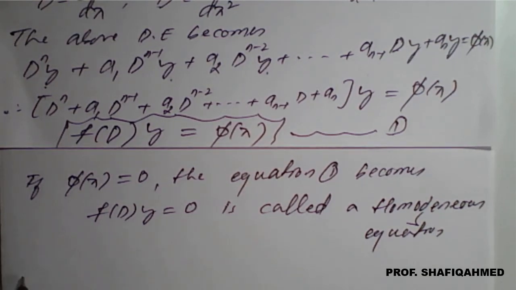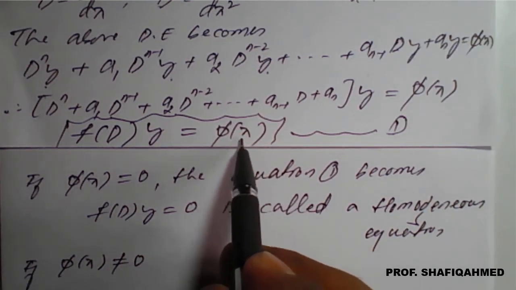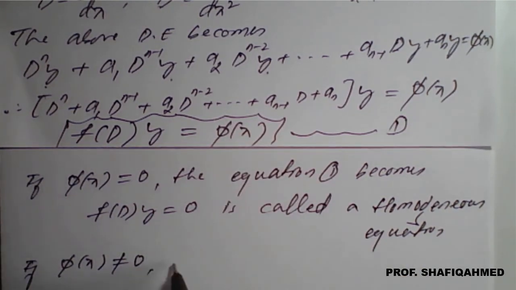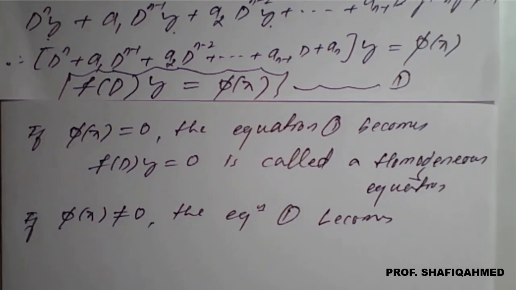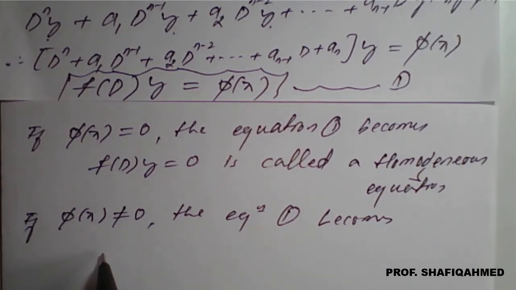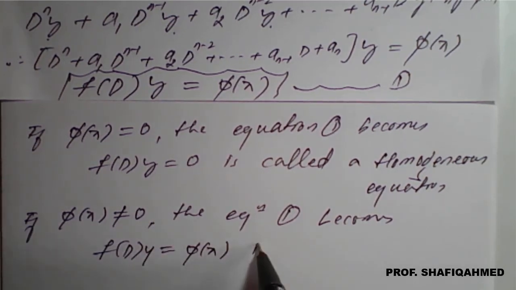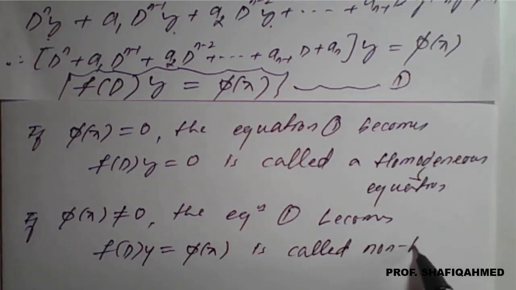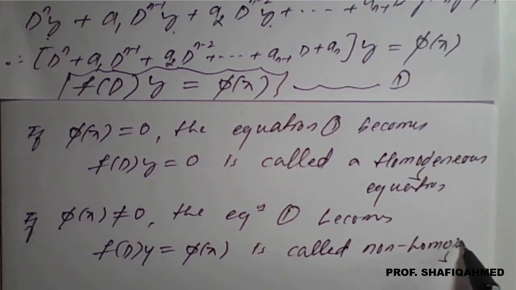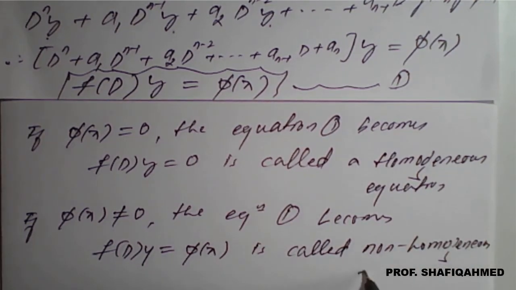And the second condition, if phi of x is not equal to 0, meaning we get some value instead of 0, then equation 1 becomes f of D of y equal to phi of x itself, and it is called a non-homogeneous equation.